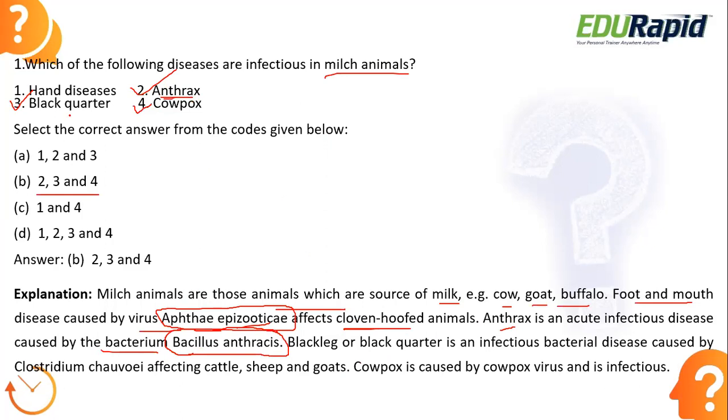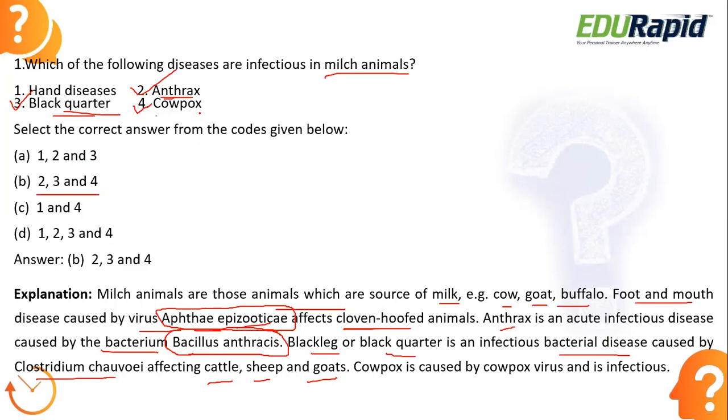Similarly, the third one is black leg, which we also call blackwater. It is an infectious bacterial disease. The causative agent is Clostridium chauvoei. Clostridium chauvoei is a bacteria that causes black leg disease in cattle, sheep as well as goats, all of these milch animals.